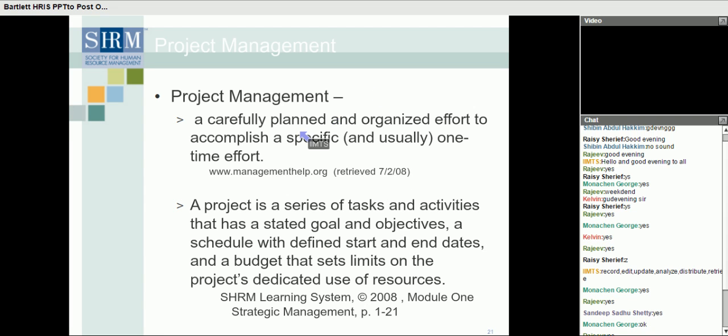So project management is a carefully planned and organized effort to accomplish a specific task in a desired time period. A project is a series of tasks and activities that has a stated goal and objectives, the schedule with defined start and end dates, and a budget that sets limits on the project and the use of resources.